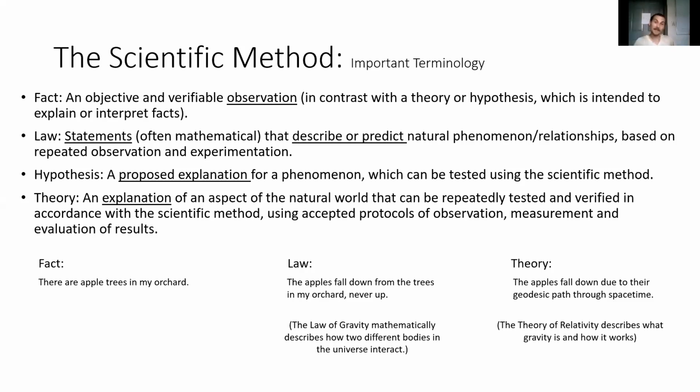Why is that? Well, it took Newton to come along and create the law of gravity, which basically, he didn't have any significant observations. He wasn't doing a lot of experiments where he was timing different reactions or anything.